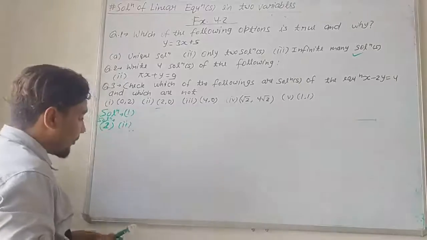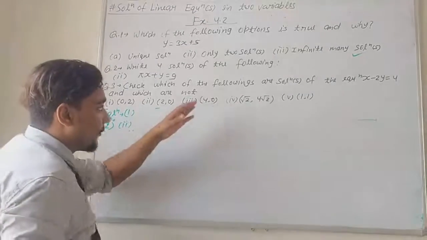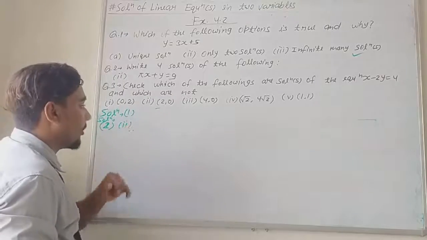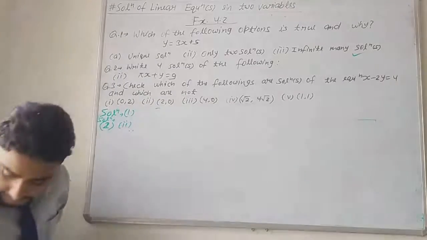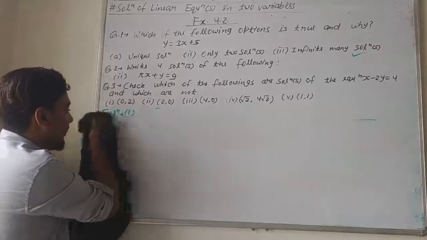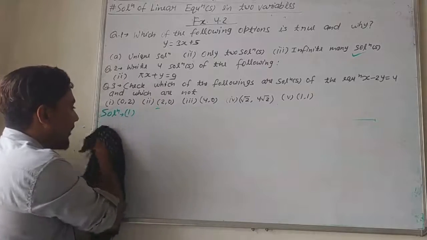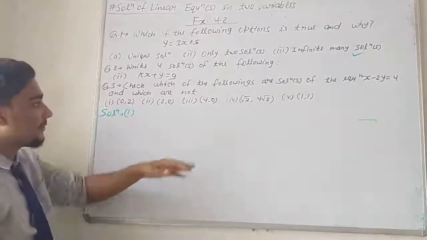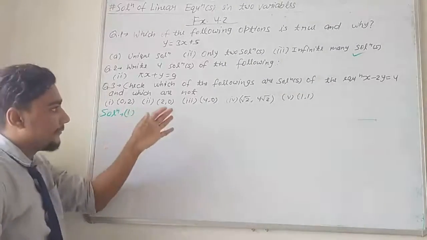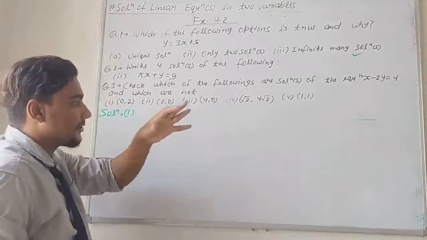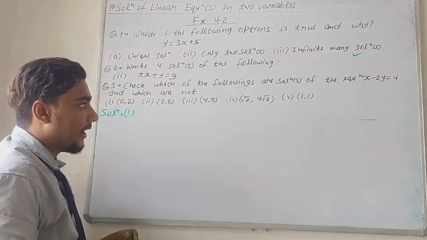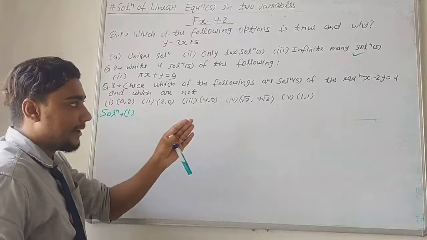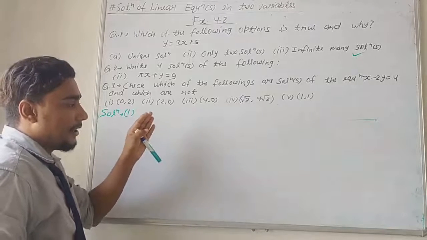Now we start to solve question number 3. Check which of the following are solutions of the equation x minus 2y equal to 4 and which are not. We have to put the values of the ordered pairs. There are 5 parts and we have to check whether each ordered pair satisfies the given equation.